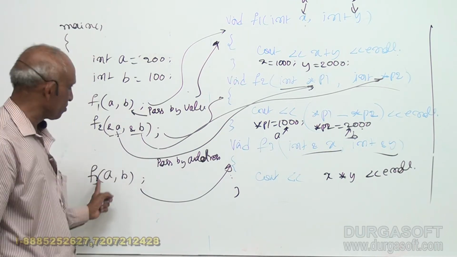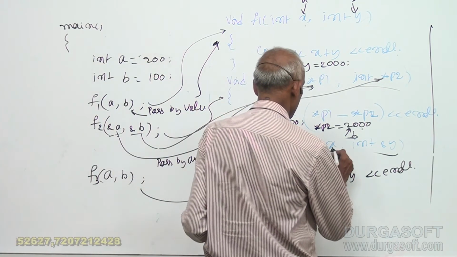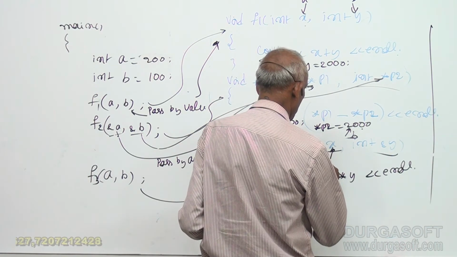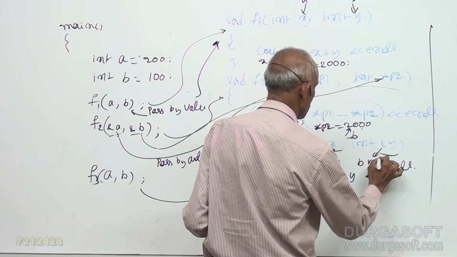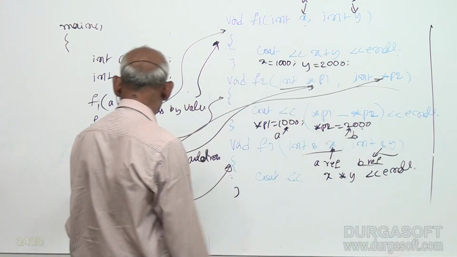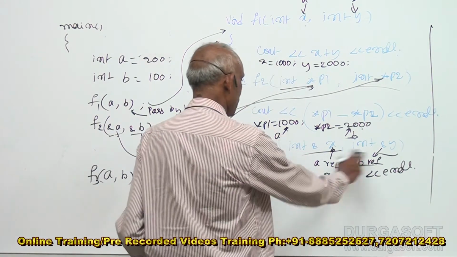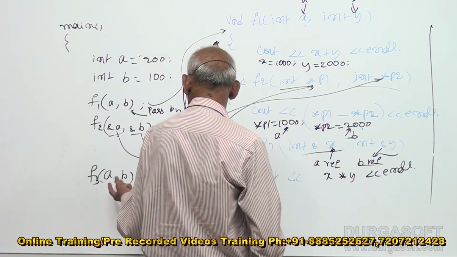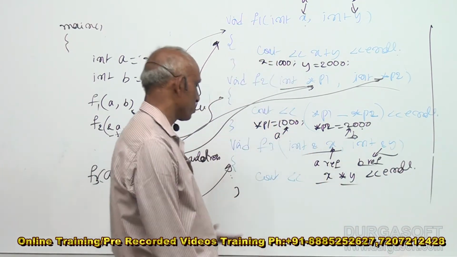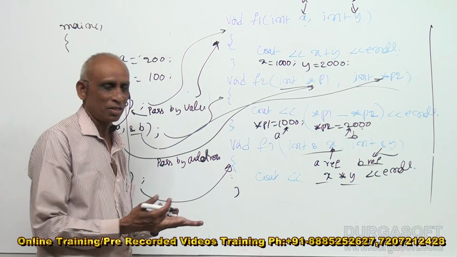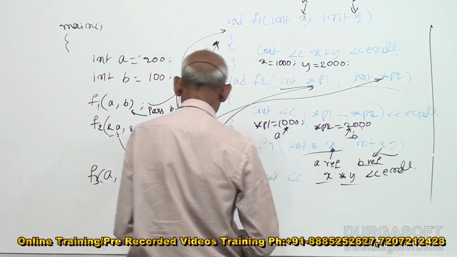I am passing a reference of a and a reference of b. So their references are used, and to use them we simply use x and y, because they are references. We don't have to use addresses or star. Directly use x and y, so x star y gives the product.